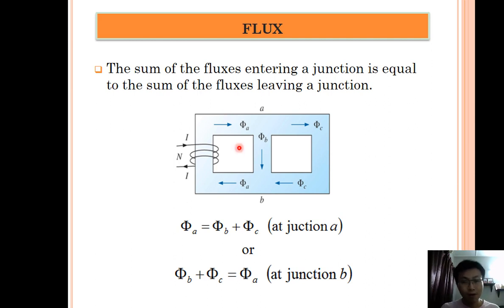Same as well: flux A comes in, it will be equal to flux B and flux C, depending on the arrow. Then flux B comes in, plus flux C, it becomes flux A. So flux A equals flux B plus flux C at junction A. This one, flux A, flux B, flux C. Junction B: in, out. B plus C becomes A. Okay?